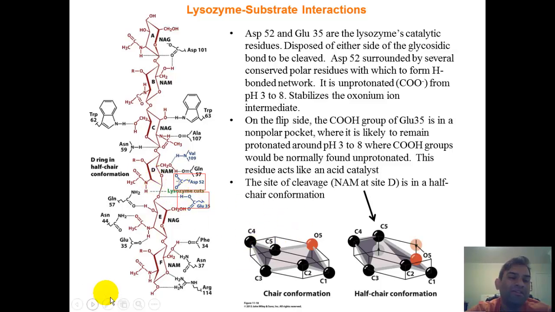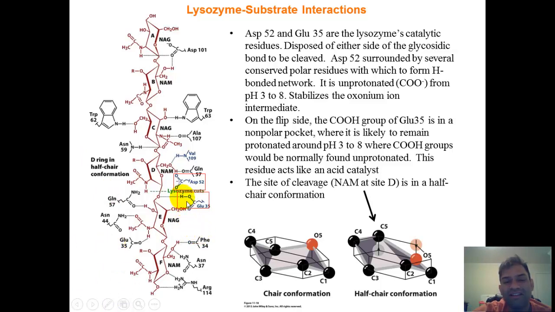But I want to bring your attention right here to the glutamic acid, particularly the side chain. Now, the side chain of glutamic acid has a pKa of roughly around 4. So does the side chain of aspartic acid. Okay, if you go back to your flashcards now, the side chain of aspartic acid also has a pKa of about 4. But let's look very closely at this mechanism here.